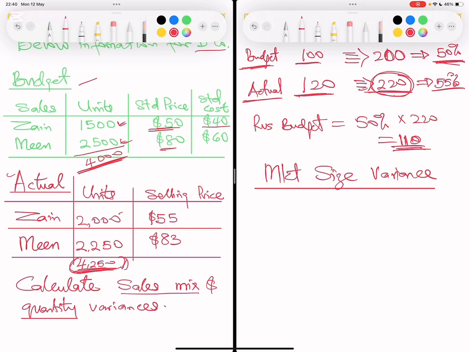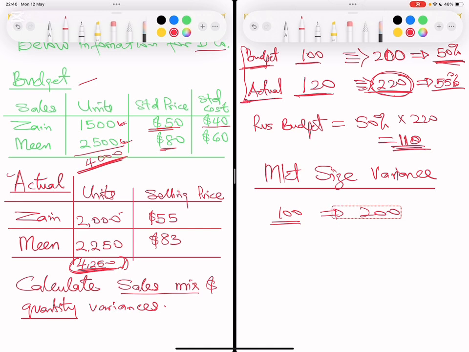And this market size variance is very straightforward. What we're saying is that if budget volume is not the same as the revised volume, then that means the market has changed, because when we budgeted 100, the market size was 200. So the budget is 100, remember, in my example here.